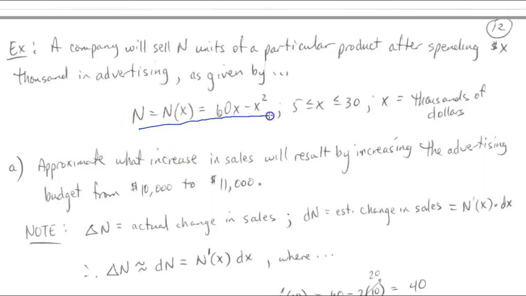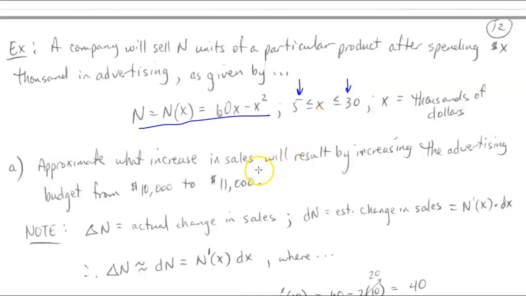So they're basically tracking, hey, if we spend so much on advertising, this translates to this many number of units actually being sold. Okay, and so they've tracked that, and of course this is valid for spending anywhere from $5,000 to $30,000.